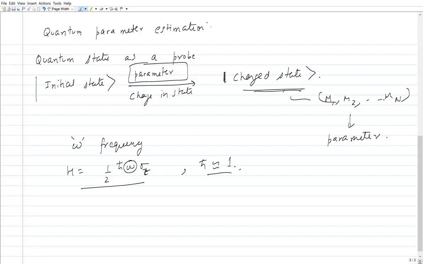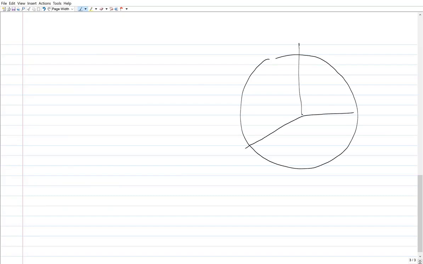So this was my parameter. What do I take as my probe? Let me draw the Bloch sphere. Remember we did this, the Bloch sphere, in the class months back. So this is my Bloch sphere. This is my zero state, or I also call it the spin up state. This was the one state or spin down state.